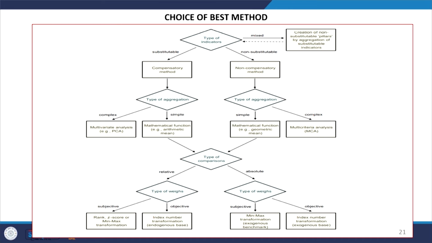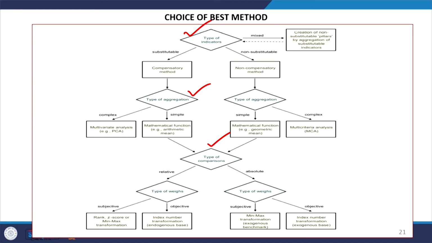Okay. So, then we need to go for the type of comparison. This is the first indicator, this is the second one, this is the third one. Comparison, whether it is based on the relative method or the absolute method. So, relative, where we are supposed to discuss the weights, whether they will be subjective or objective. Similarly, in the case of the absolute method, subjective and objective methods could be adopted.